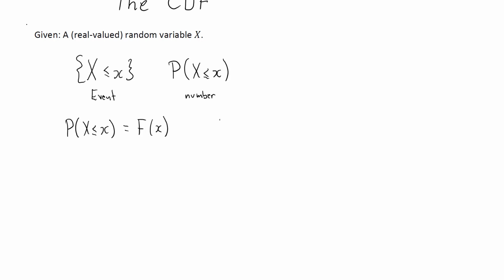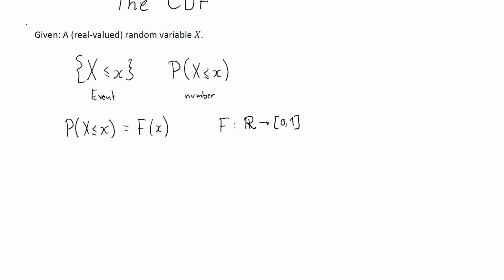The important point here is that F becomes a standard function mapping a real number, lowercase x, into a number that must be between 0 and 1, since it's a probability. So capital F has this property as a function.